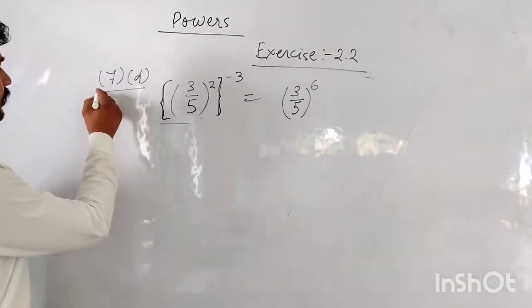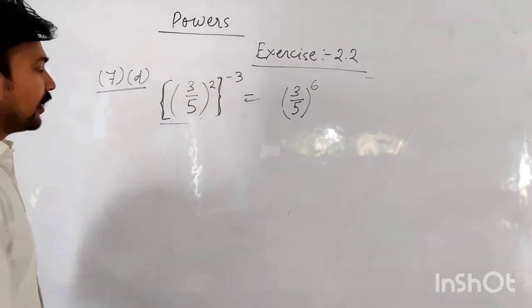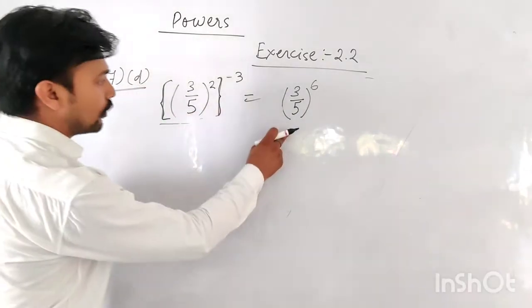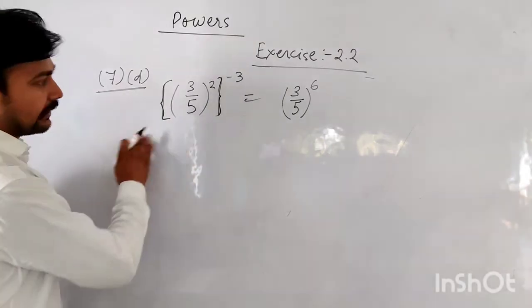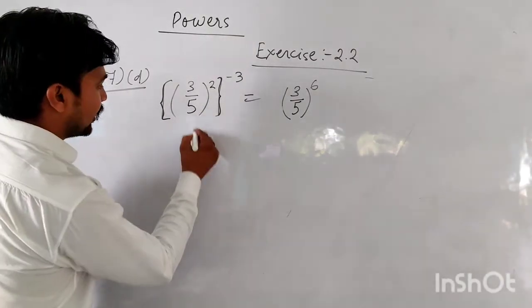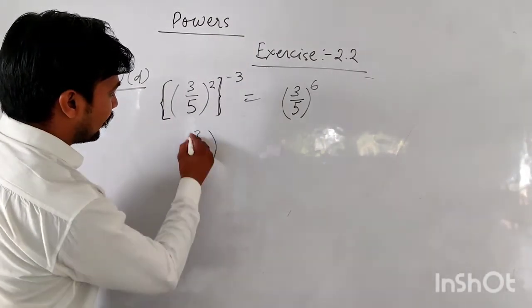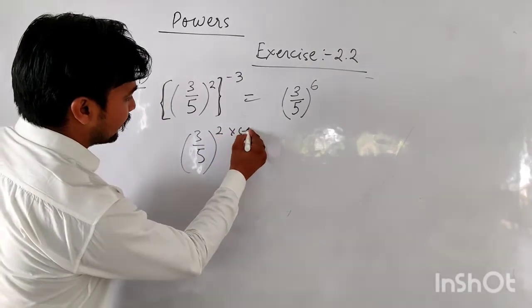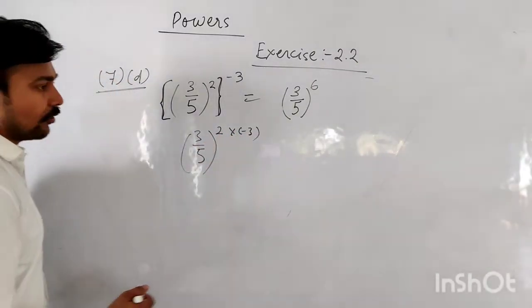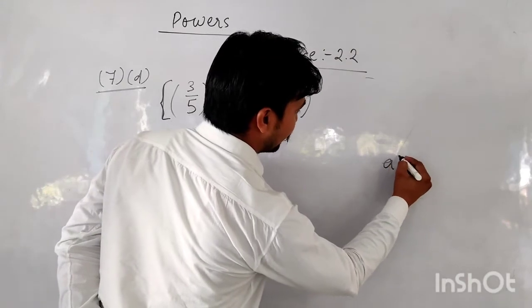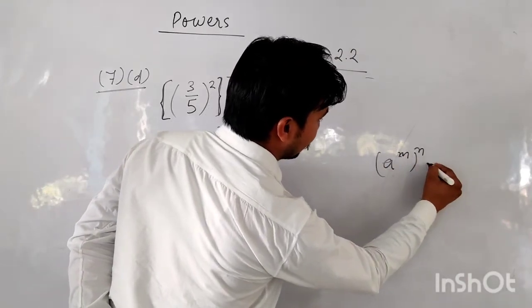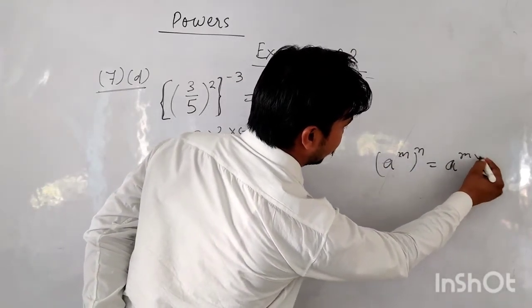Let us see question number 7th D. We have to show this number is equal to this number. चलो देखते हैं कैसे सॉल्व किया जाए. 3 by 5 will be equal to 2 into -3. You know that this form, if a the power m the power n, then this is equal to a the power m into n.